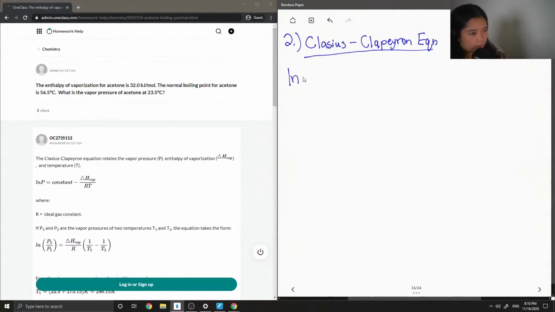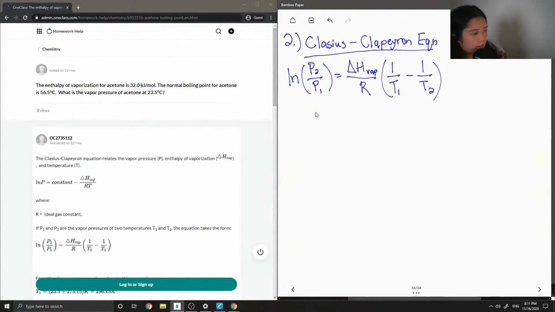So basically, it can be summed up as ln of P2 over P1 is equal to the delta H of vaporization over R, which is multiplied by 1 over T1 minus 1 over T2.